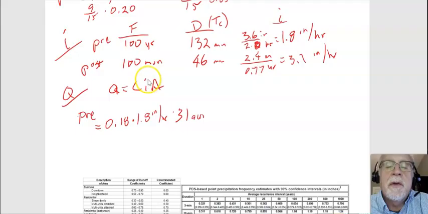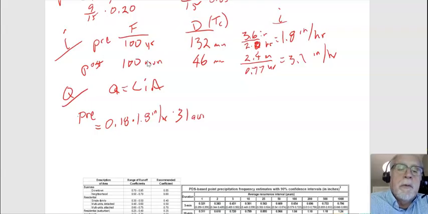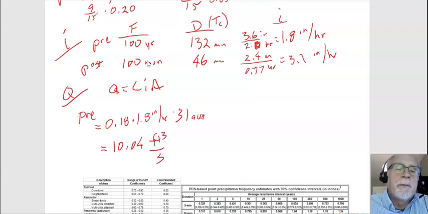It's 43,560 square feet per acre, and that comes out to 10.04 acre-inches per hour, which is equal to cubic feet per second.